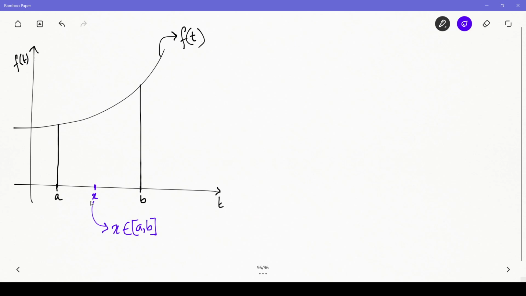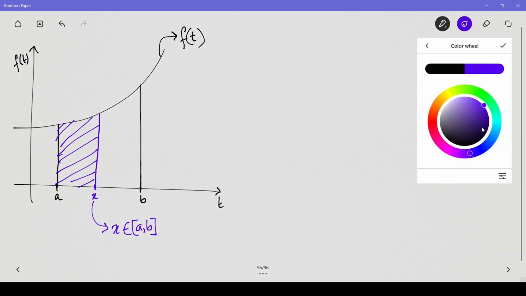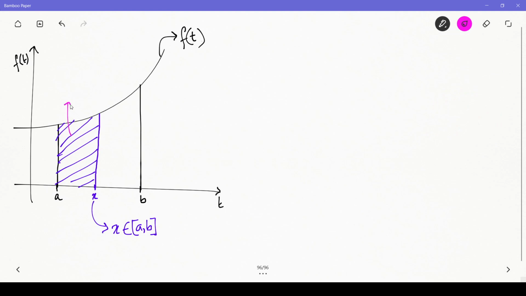If we take this point x and project it upwards, and calculate the area under the curve within this sub interval, we know that the area under the curve is denoted using the summation, or in the continuous case, the integration. So this is the integral from the lower limit a to the upper limit x of f of t with respect to dt, right?